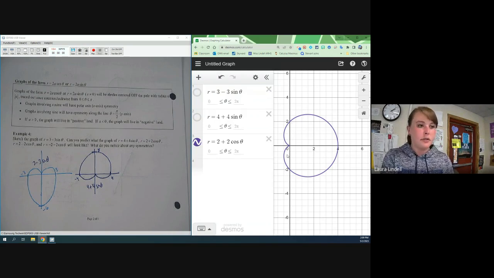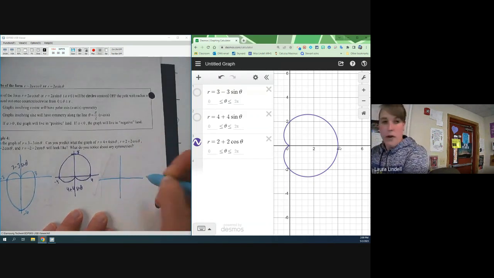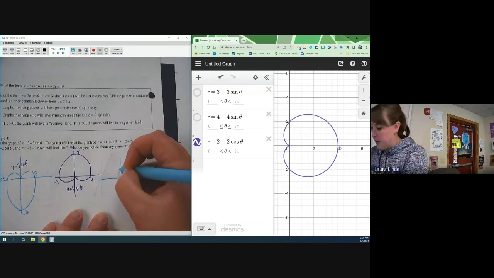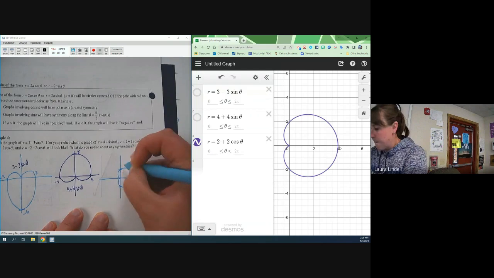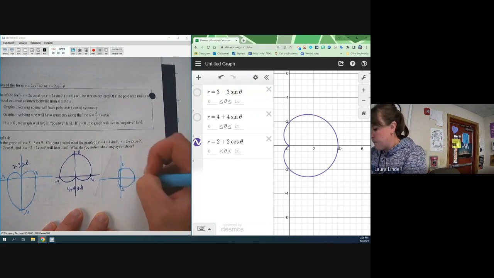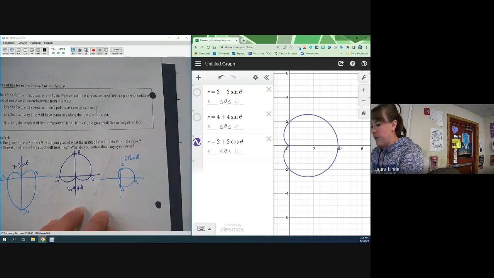This is now 2, 2, and 4. It's also oriented sideways, kind of the way we would expect a cosine graph at this point to be oriented. So we have 2, 2, and 4. And this was 2 plus 2 cosine theta.